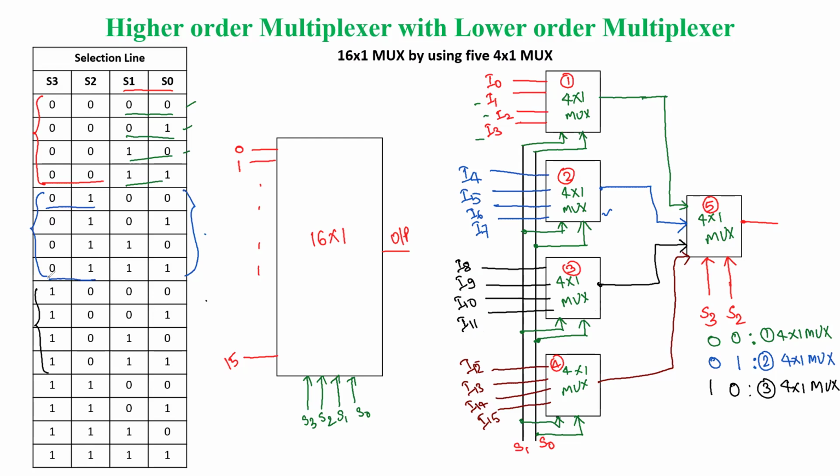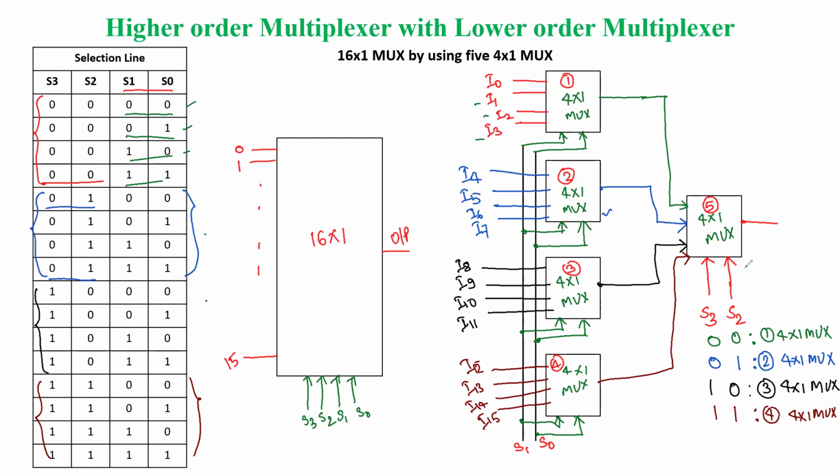And finally, we have the last one here. In the last one, the S2 and S3 combination is 1, 1. Again, S0, S1 is changing the same as before. So when S2 and S3 are both 1, it is going to take input from the fourth 4x1 multiplexer.